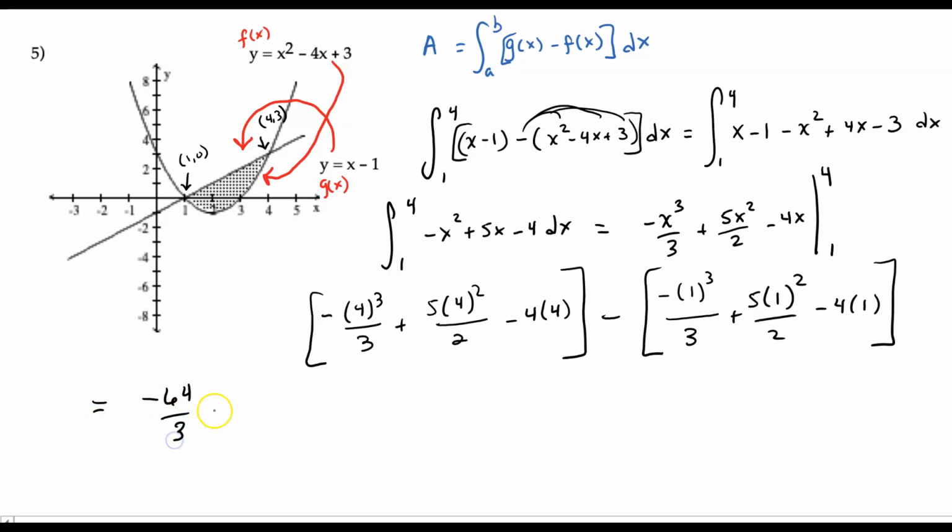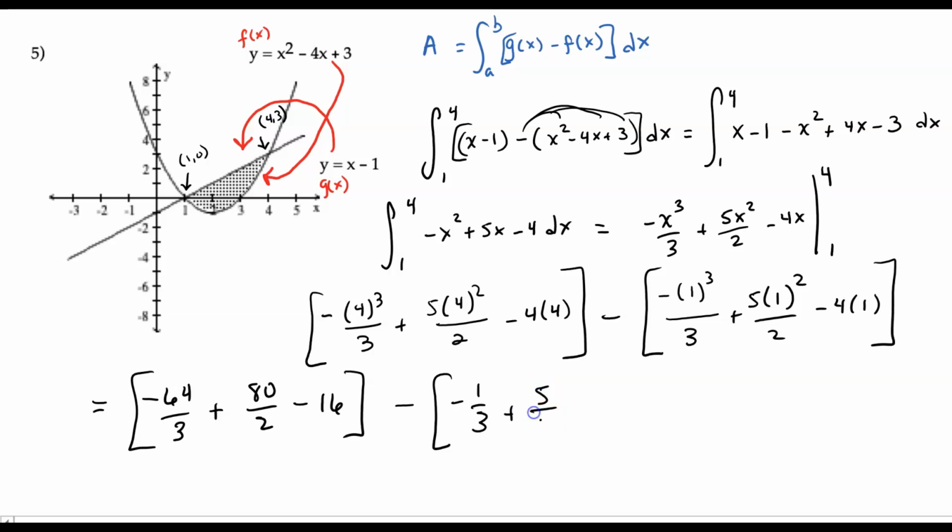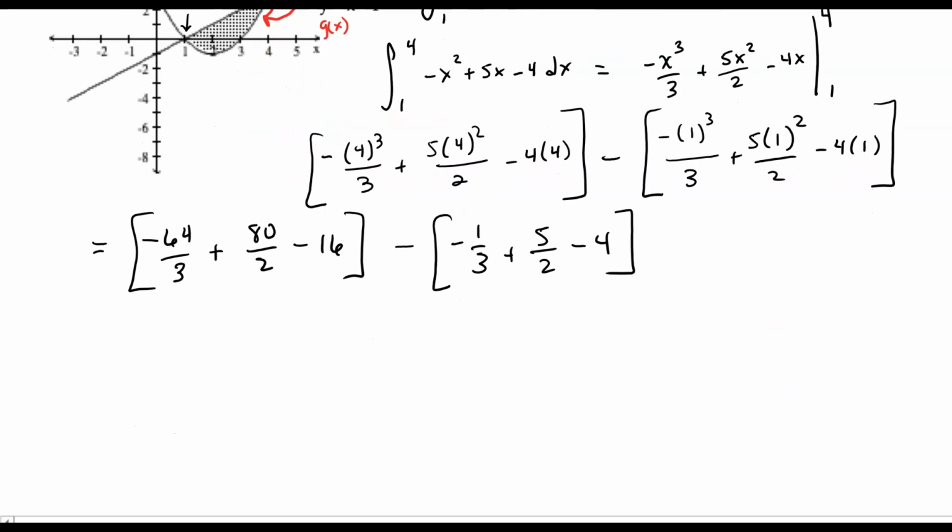That's negative 64 over 3 plus 80 over 2, which is just 40, as you'll see, minus 16, minus, and then we look at the next part, negative 1/3 plus 5 halves minus 4. Okay, and we've got that stuff. I'm going to combine the like terms here.